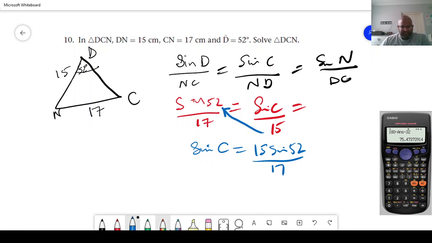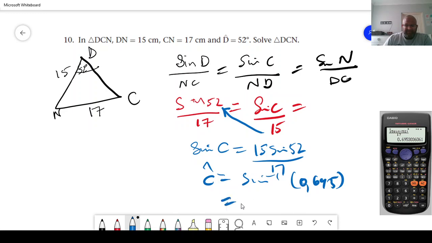So we put that in a calculator. We get 15 sine 52 over 17. That gives us the ratio, which is 0,695.